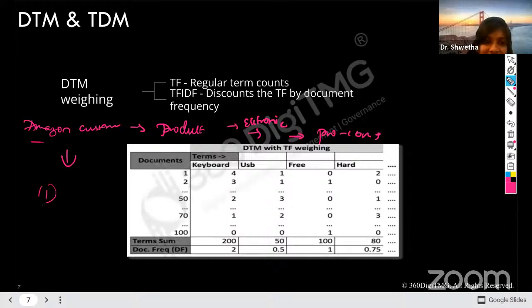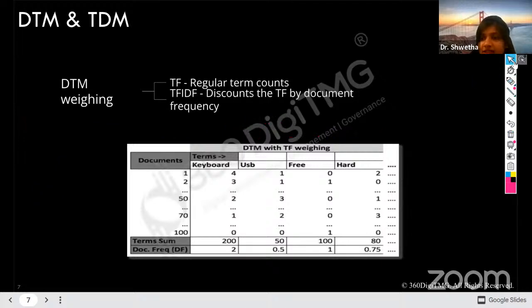So we directly apply these text mining techniques to understand what exactly the reviews are about. Are they positive reviews? If positive, what are they actually talking about? And if negative, what are they talking about? For that, we use document term frequency and term document frequency, which calculate the number of times a term is repeated.